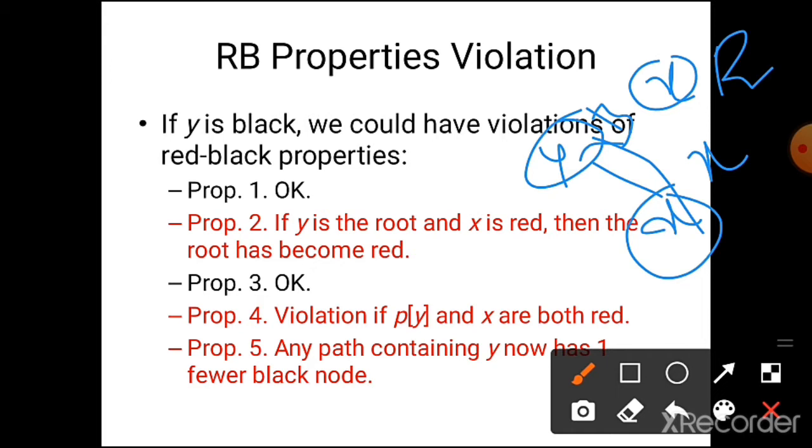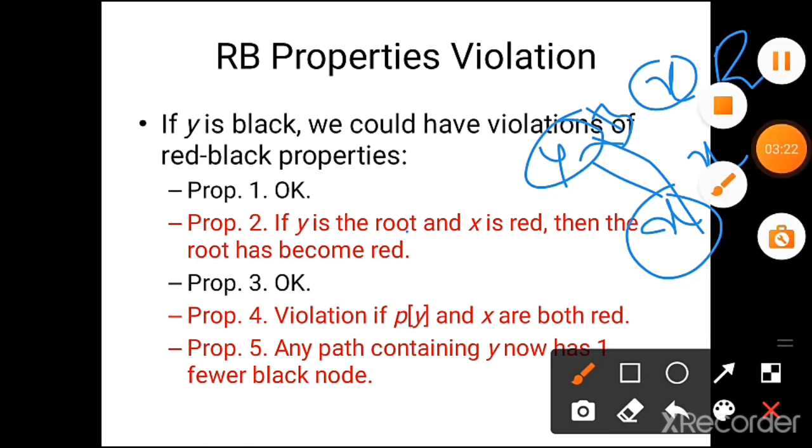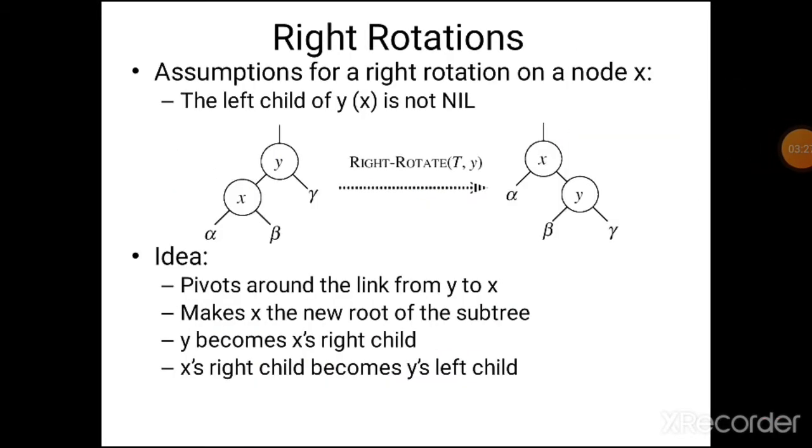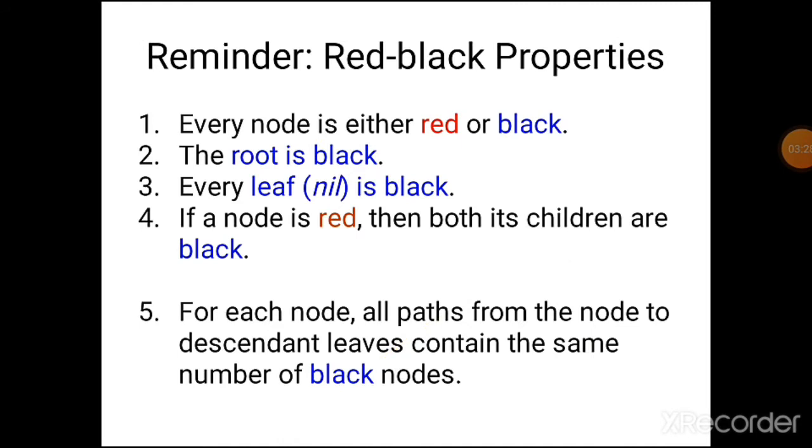Then property 3 says every leaf or nil is black, that is correct. And property 4: if a node is red, then both its children are black.